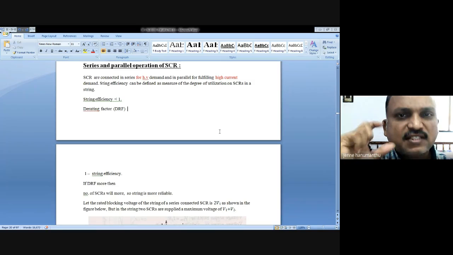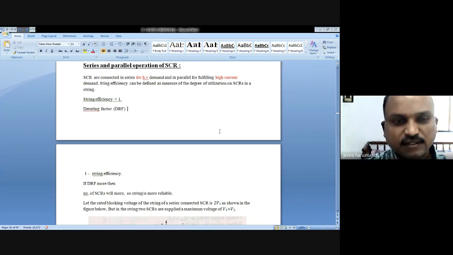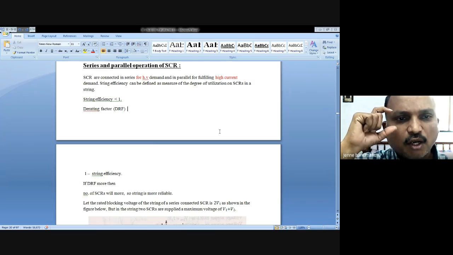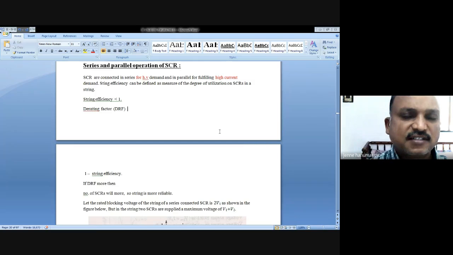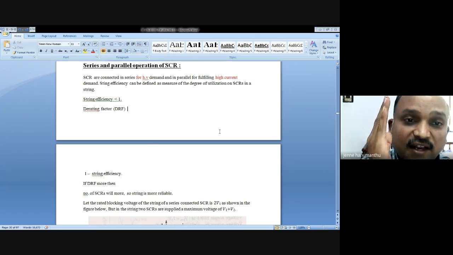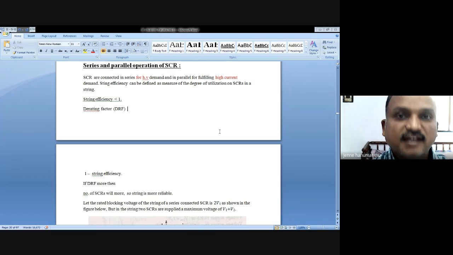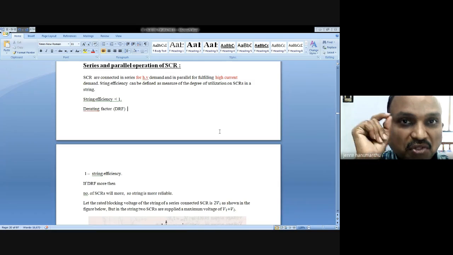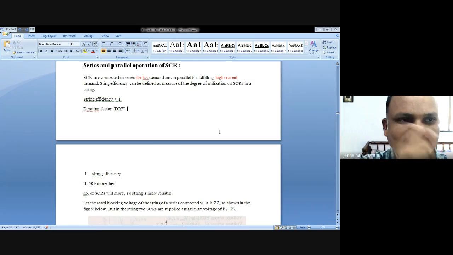An individual SCR may give a voltage drop of a certain voltage, or a low current of a certain value. We cannot expect higher voltages and higher currents. The solution is, if you want higher voltage drops and higher current, you have to connect SCRs in series and parallel.